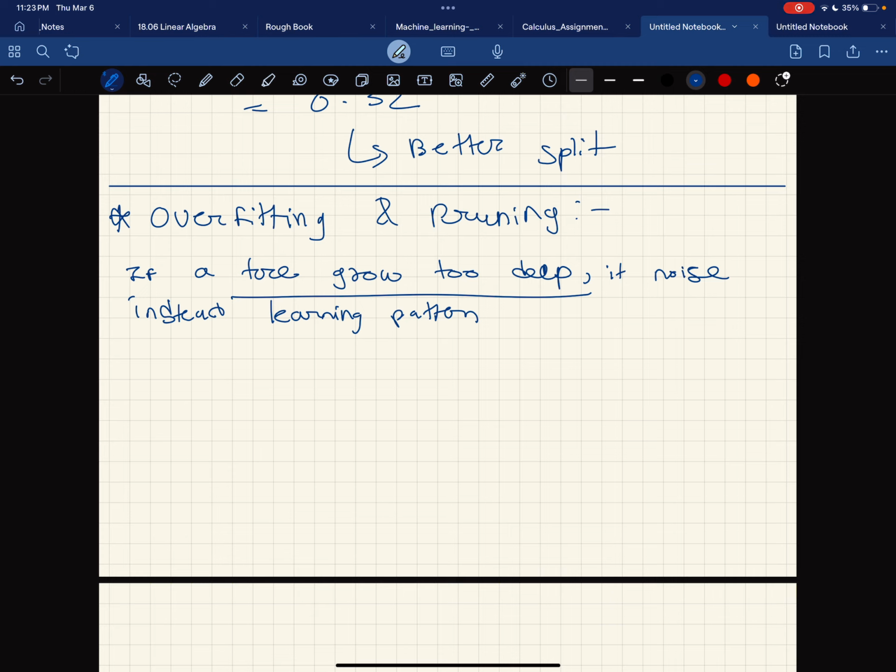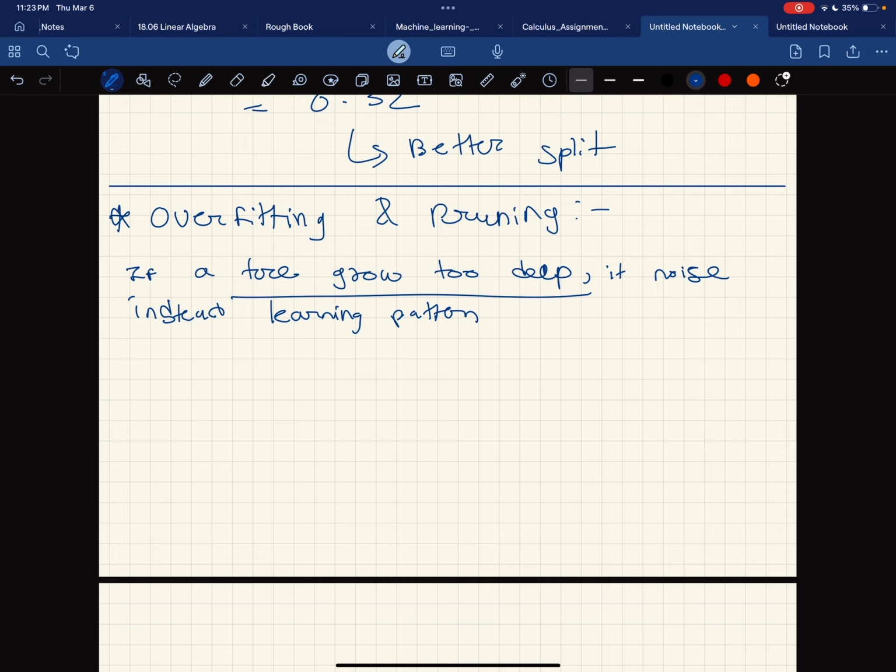So if the decision tree has the depth 10, then it would be classifying the training data perfectly, but it would be failing on the new data because we are not able to segregate the data perfectly. We are just dividing the data. This is not what a decision tree is used for.